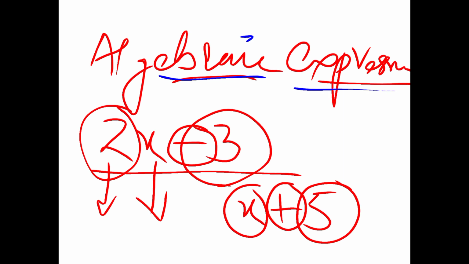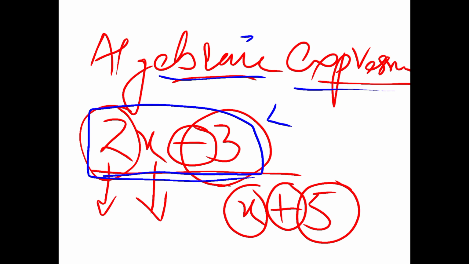Now, if we equate these expressions, for example this algebraic expression 2x minus 3, if we use the sign of equality here, say for example it is equal to 7 or any number, or a variable, then the algebraic expression becomes an equation.